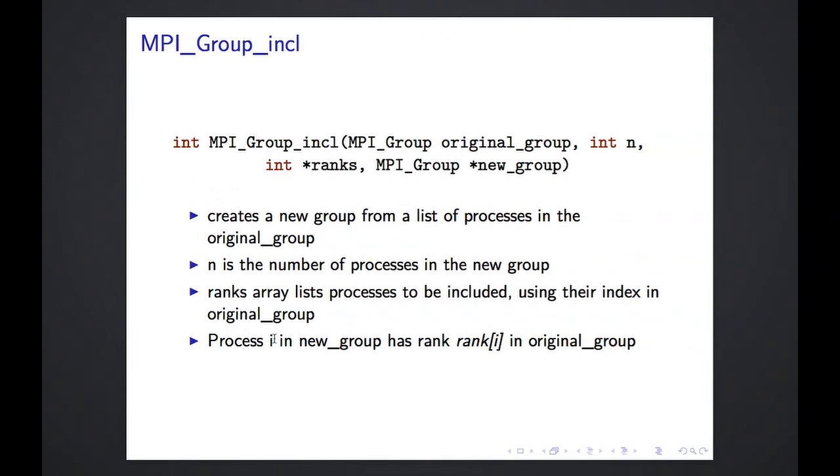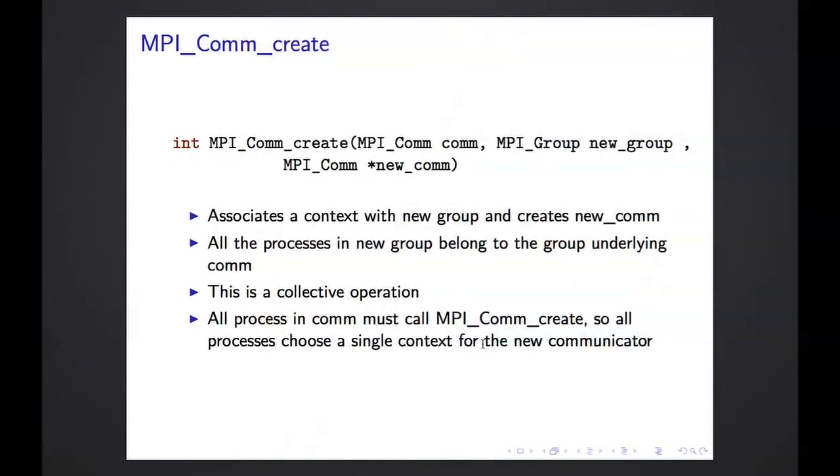Once you do all this, you will create a new group where process i has rank i in the original group. Actually, I think it should be ranks here instead of rank. Okay, so once you have created this new group, you can create a new communicator using MPI Comm Create.